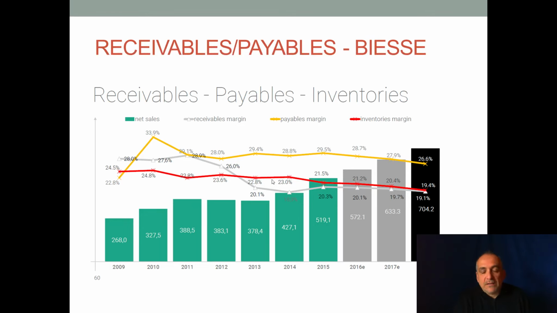Let's have a look at some components of current assets. So for example, we've got receivables. What's on the other side of receivables? Payables. So something that I have to pay to whom? To my suppliers. So payables are basically debiti verso fornitori.